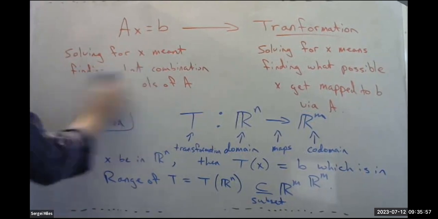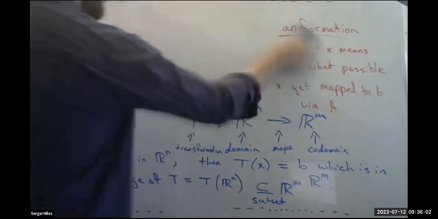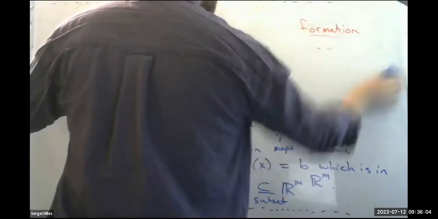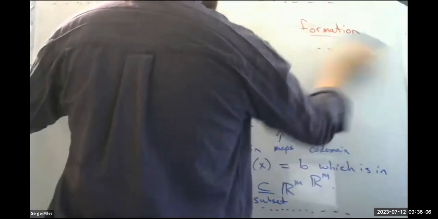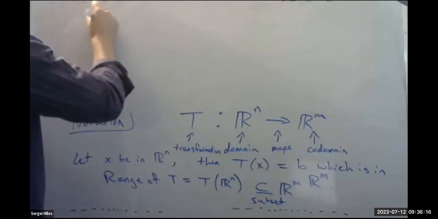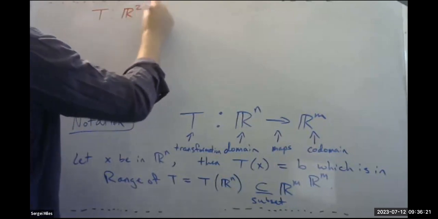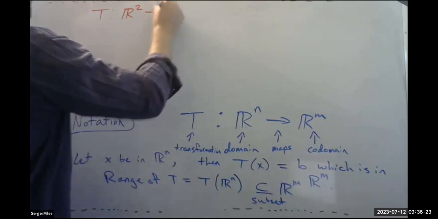So let's look at some other examples. All right, let's suppose T is a transformation from R2 into R3.